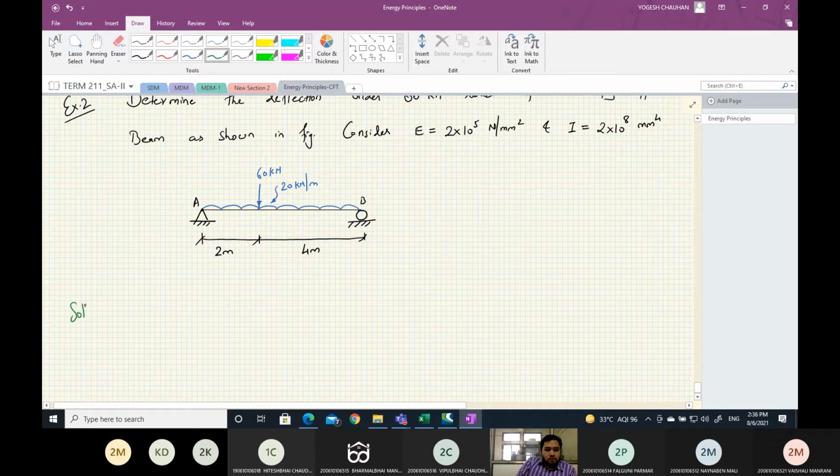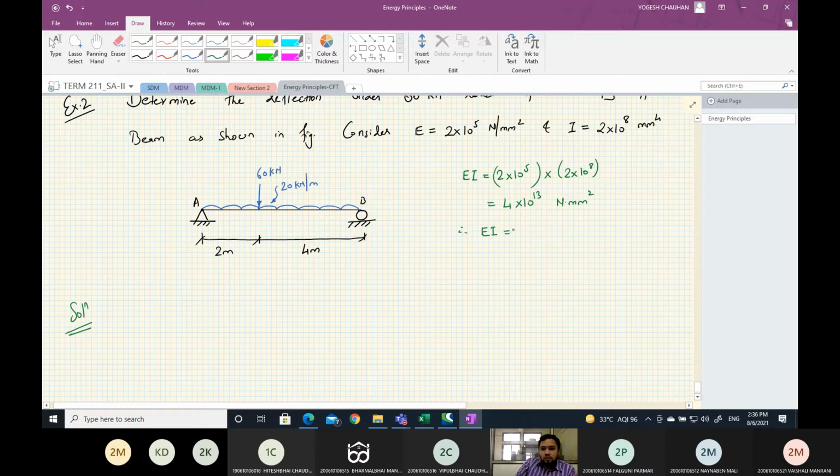So solution. Now here EI is equal to 2 into 10 to the power 5 multiplied by 2 into 10 to the power 8. So that is 4 into 10 to the power 13 Newton mm square. But here our loads are in kilonewton, distances are in meter, so we have to be consistent with the unit.